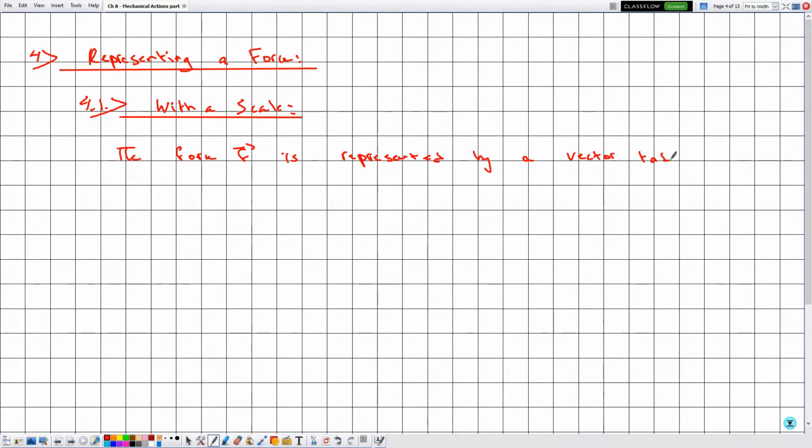taking into consideration the properties that are given by the buildup of the force.